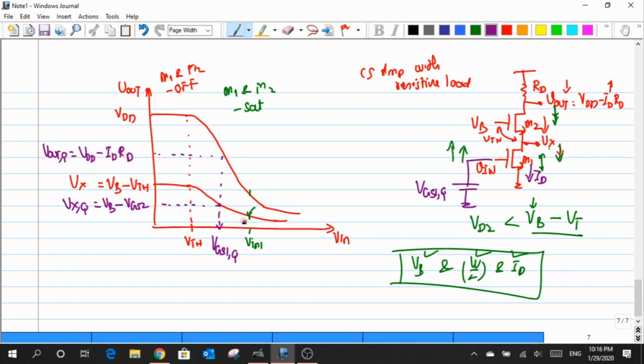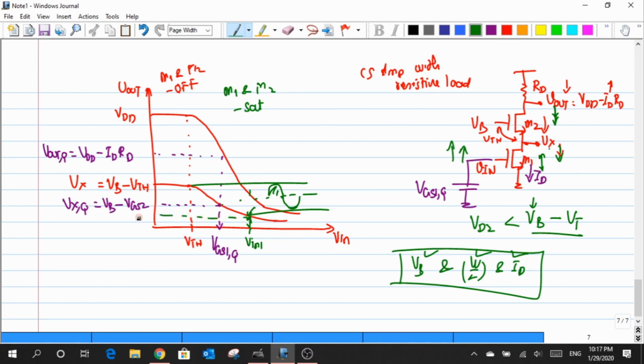Having this entire setup as a graph, let us look at the Vx variation. The maximum voltage that the Vx node can vary across is defined as VB minus VTH, and the minimum value that it can have across this node is just VOV1.